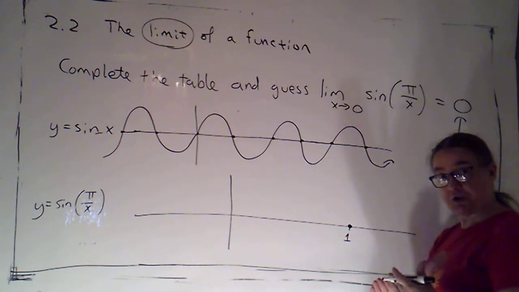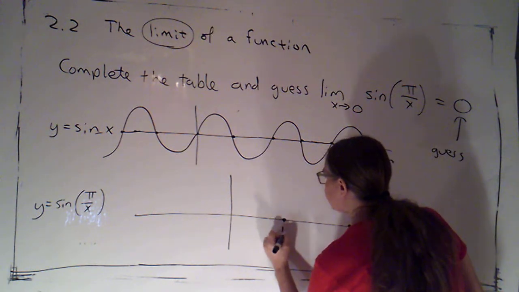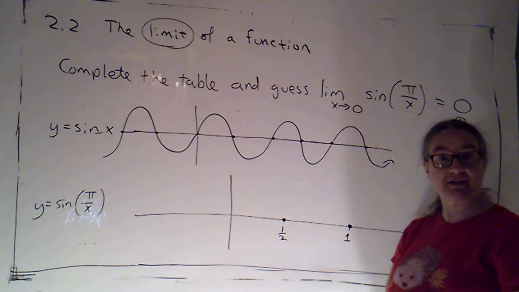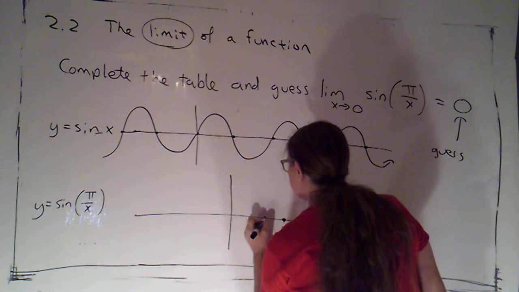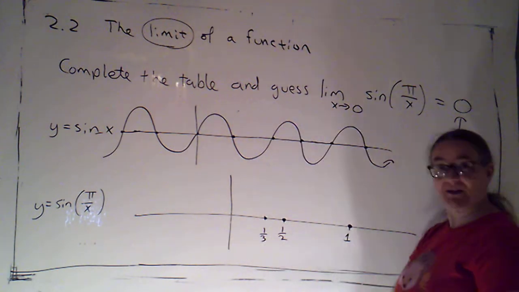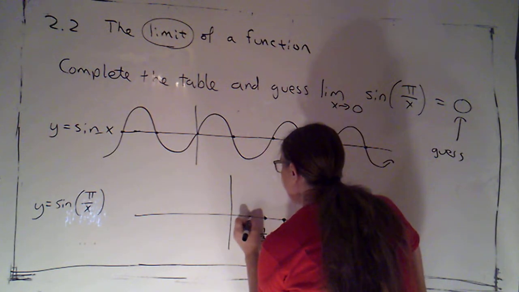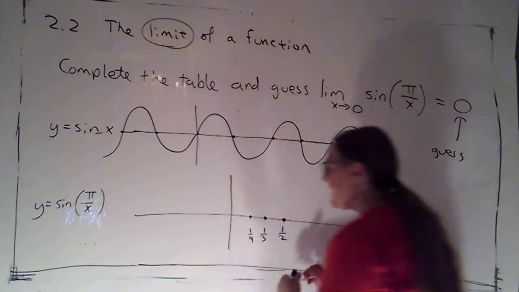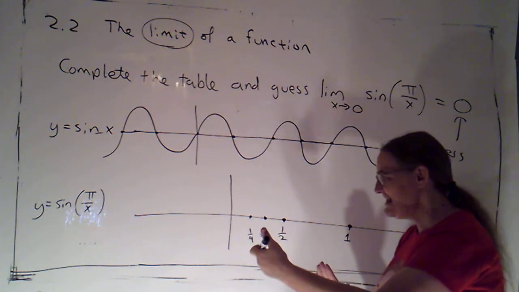Now if n is 2, the reciprocal of 2 is 1/2. That's going to be a place where this function is 0. If n is 3, my reciprocal is 1/3. That's going to be a place where this is 0. And we'll have another 0 at 1/4, and a 5th, and a 6th, and a 7th, and an 8th.